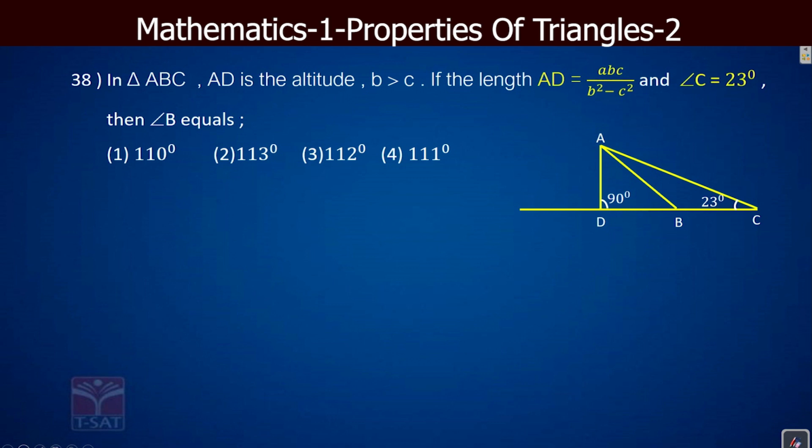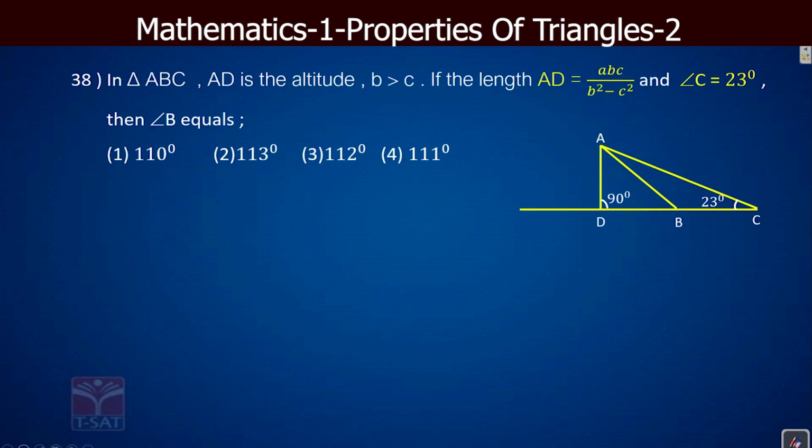In triangle ABC, AD is the altitude, of course, b greater than c. If the length AD is equal to abc by b square minus c square, and C is equal to 23 degrees, then angle B equals: 1) 110 degrees, 2) 113 degrees, 3) 112 degrees, and 4) 111 degrees. So here in this problem, you are given the hypothesis, small b is greater than small c.